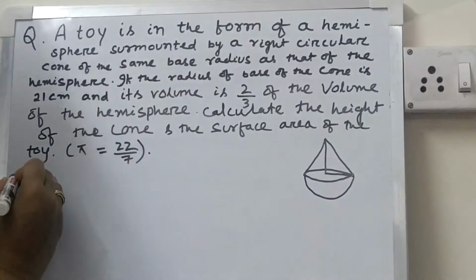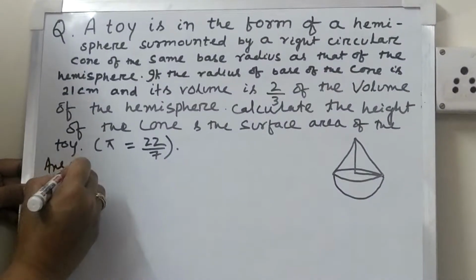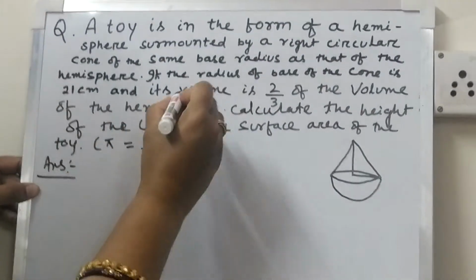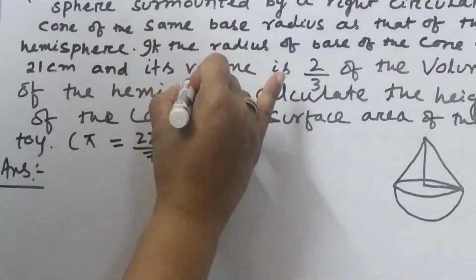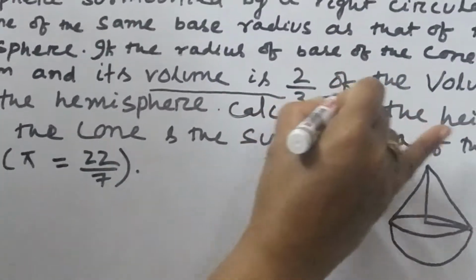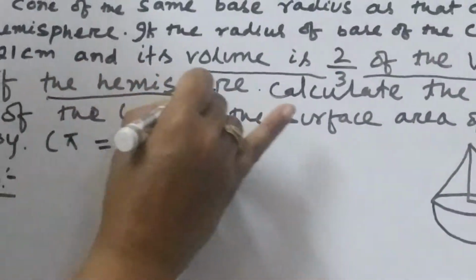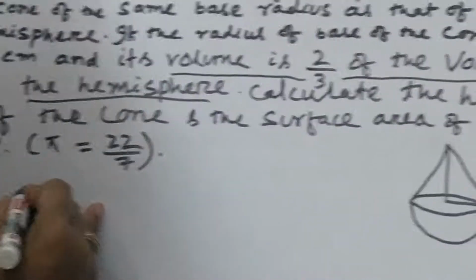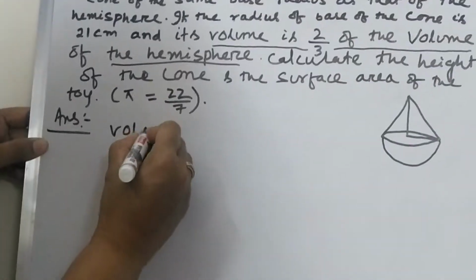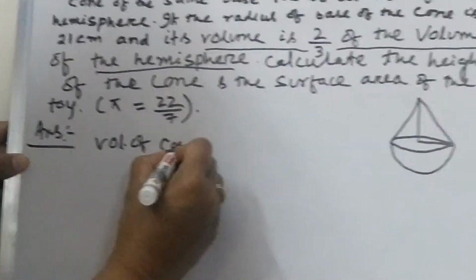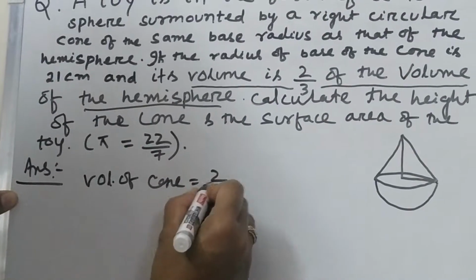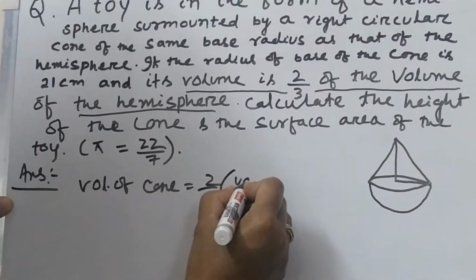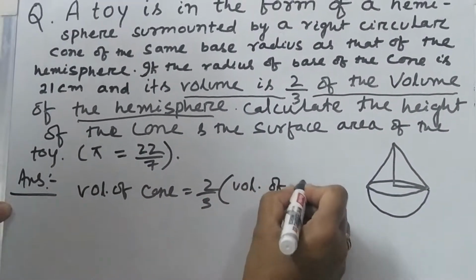As per the question, let's do the solution. The volume of the cone is equal to 2/3 of the volume of the hemisphere.